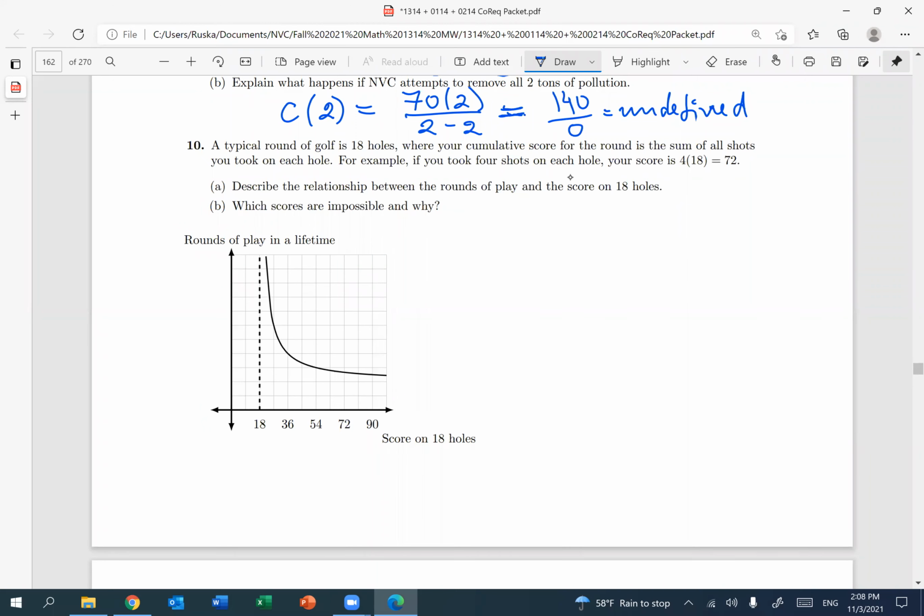This is the graph, and they're asking which scores are impossible and why. So what do you think? Which are impossible?